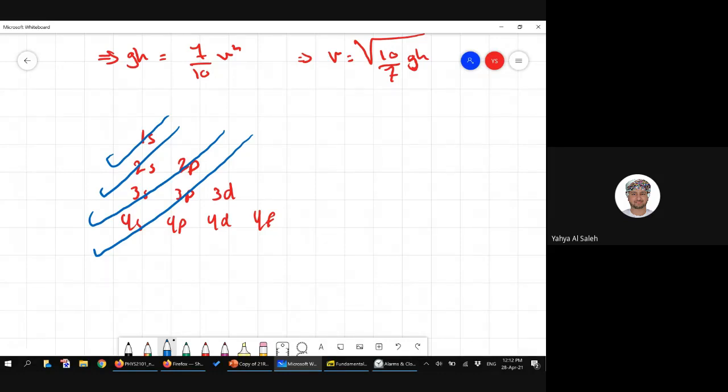What is this? SPDF? Did they tell you what these SPDFs are? They called them orbitals, but what's the difference between S and P and D and F?